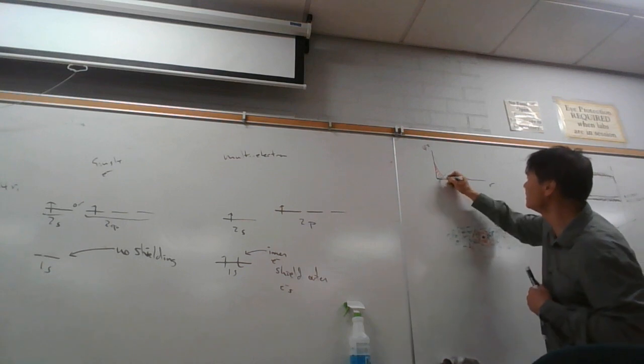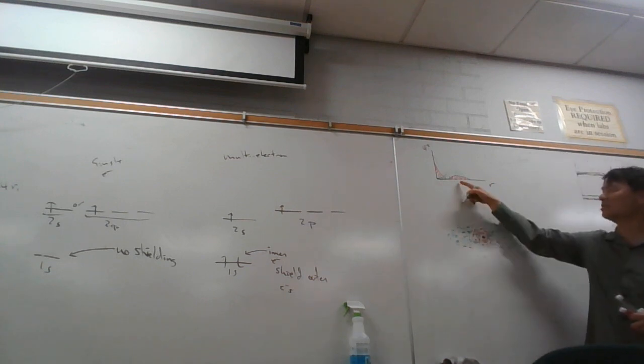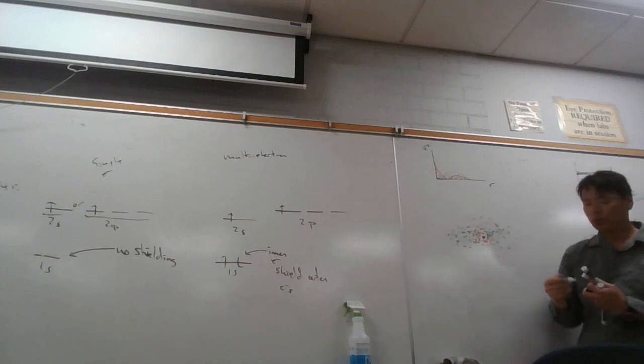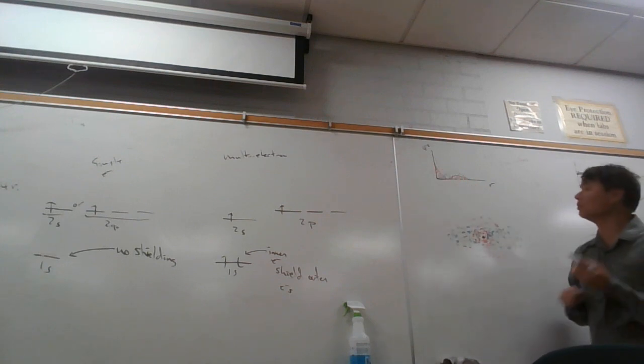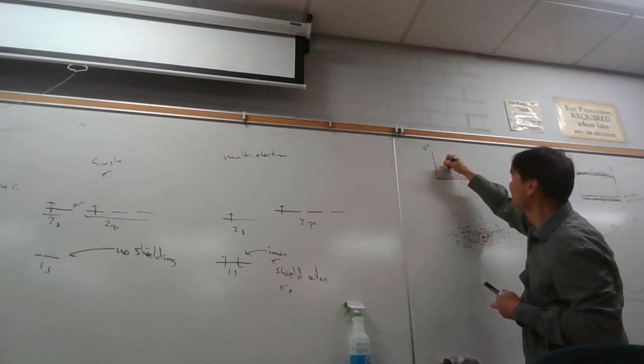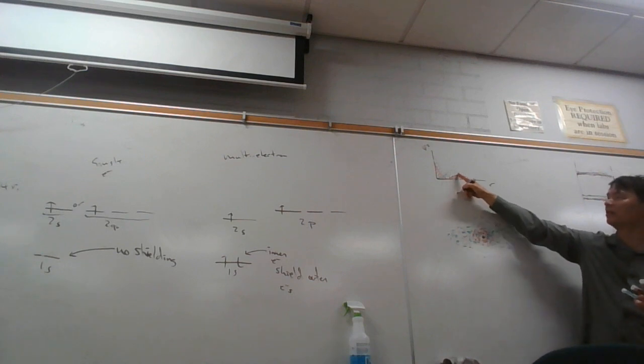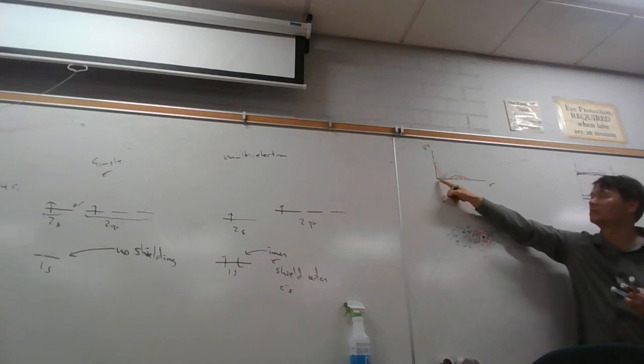And what that means is this: the 1s electrons are blocking, or shielding. These are the 1s electrons here. The 1s are going to be more effective at blocking the green from the nucleus than the red from the nucleus. Can you see that?